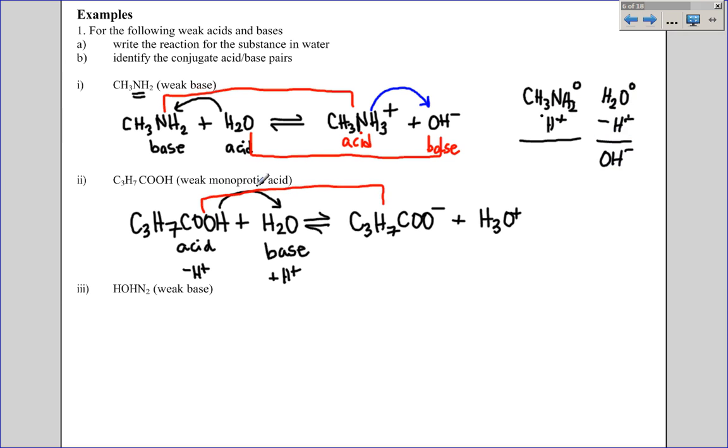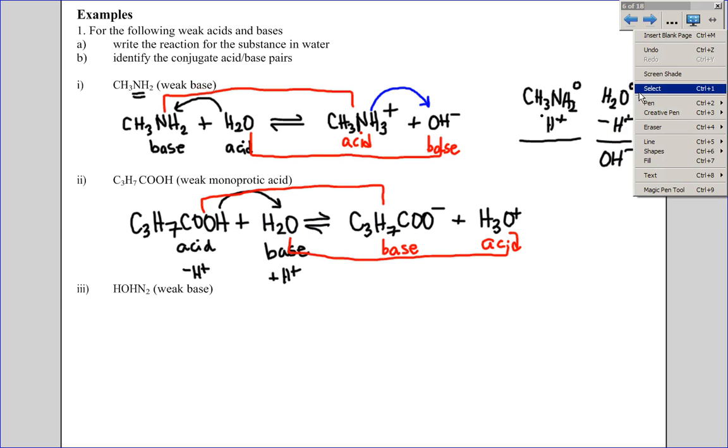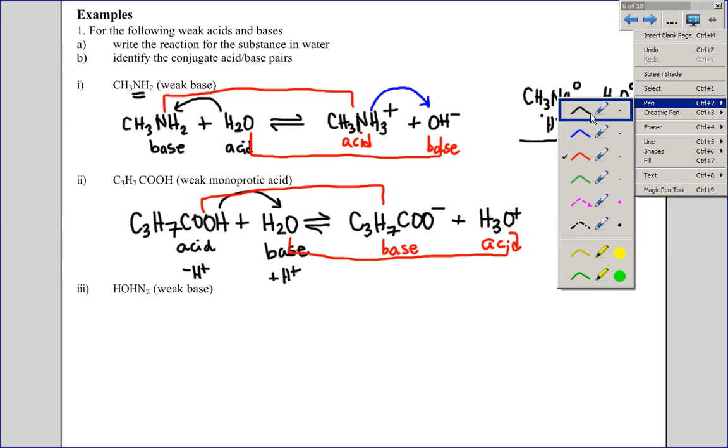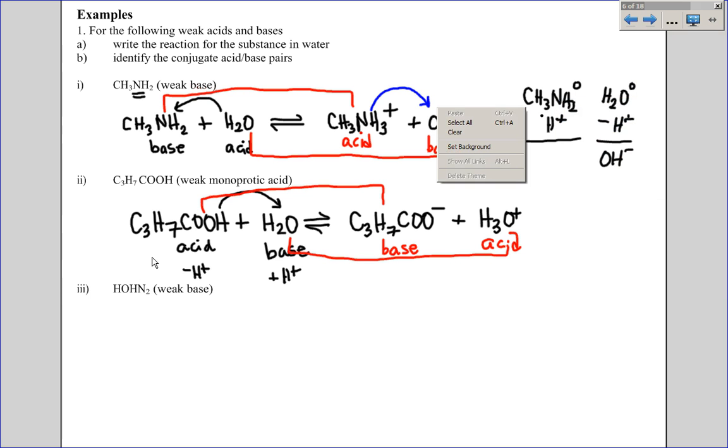And as expected, an acid will produce hydronium ions in solution. The conjugates here: this is an acid and this is a base, and the hydronium is an acid. So we'll do one last example here.